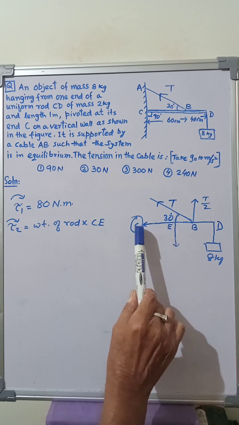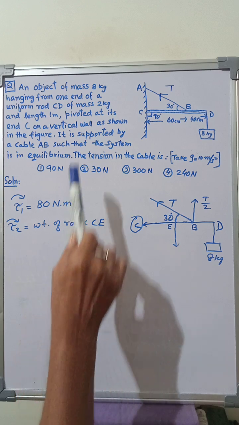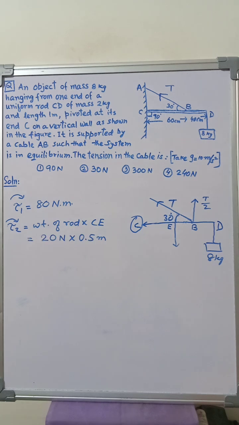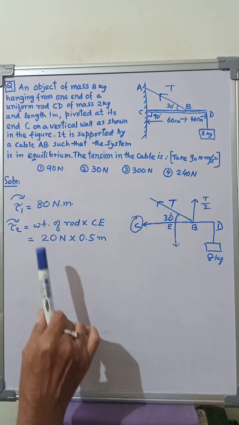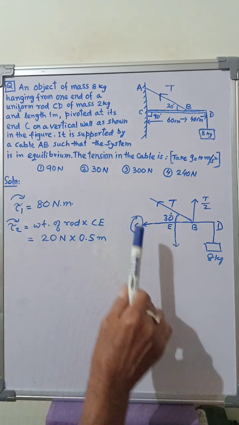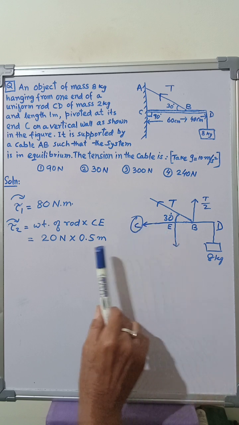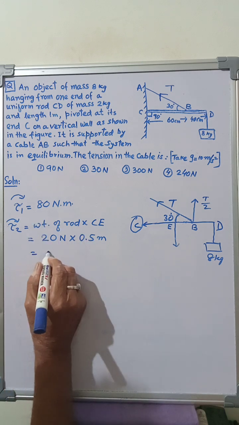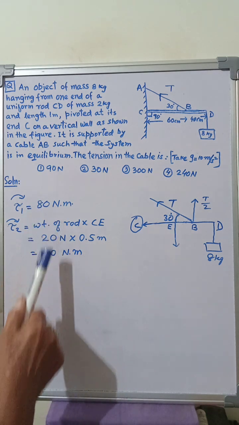Therefore, from one end C to the midpoint E is 0.5 meters. The weight of the rod is equal to 20 newtons because g is equal to 10. So 20 newtons into 0.5 meters is equal to 10 newton meters. Let us remove everything and put it there.